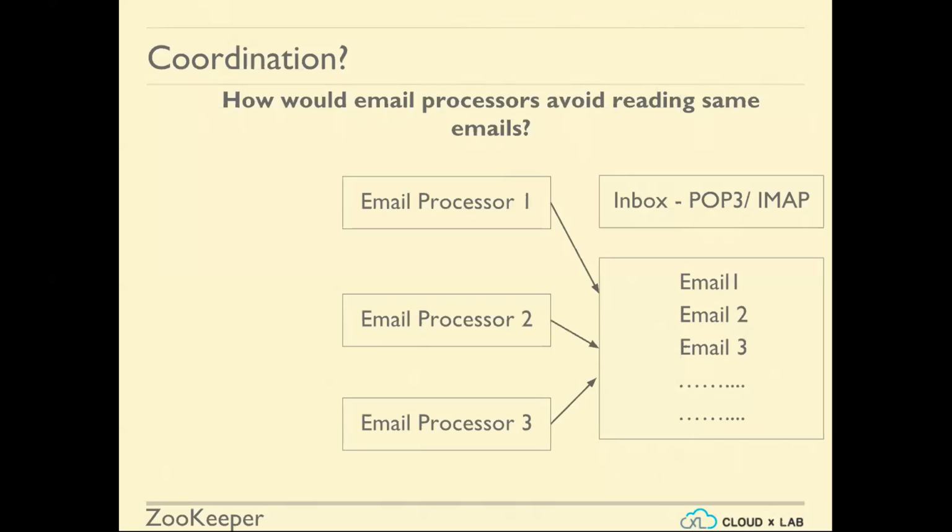So how would you design such a system such that you can process humongous numbers of emails per second using many machines, without processing the same email twice, as well as without skipping any email? What would you do?